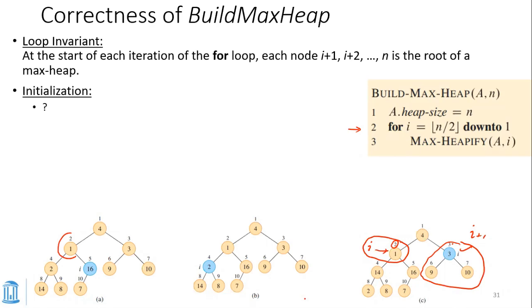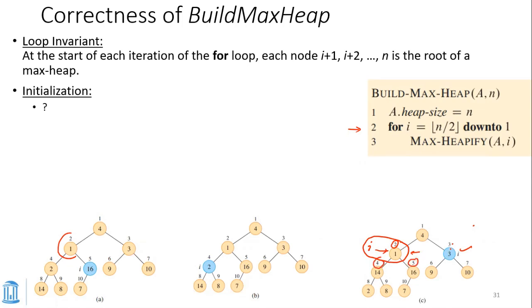Then we decremented I, and we went from I equal to 3 down to 2. And so we're not only saying that its children are max heaps, but all trees rooted at greater than I are max heaps, which would include its children as well.